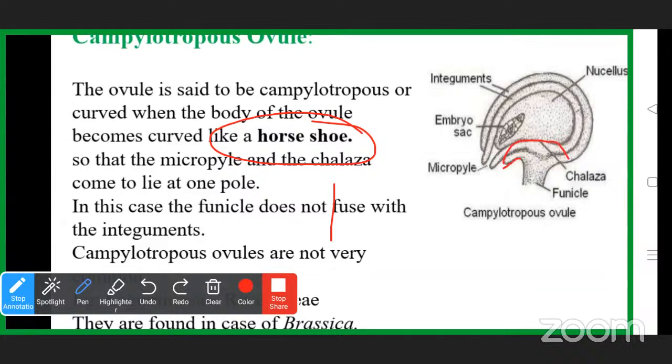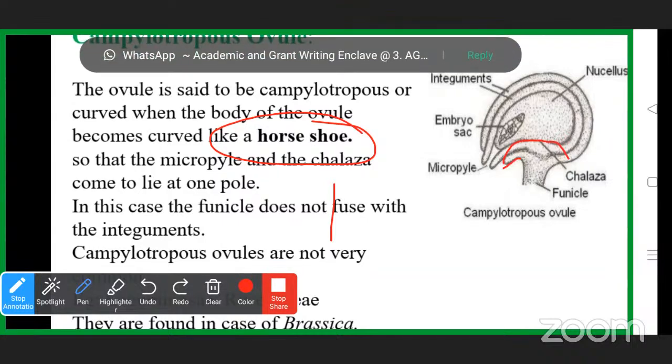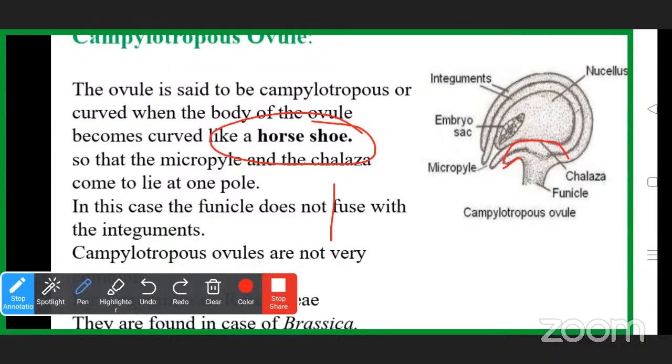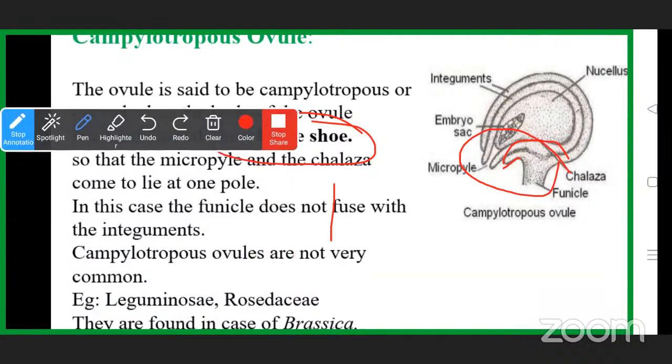So here also the micropyle, hilum and funicle are adjacent, side by side. The campylotropous type of ovules are present usually in the Leguminosae, Fabaceae, Caesalpiniaceae, Mimosaceae families. We can see these curved embryos, slightly curved seed. Okay.